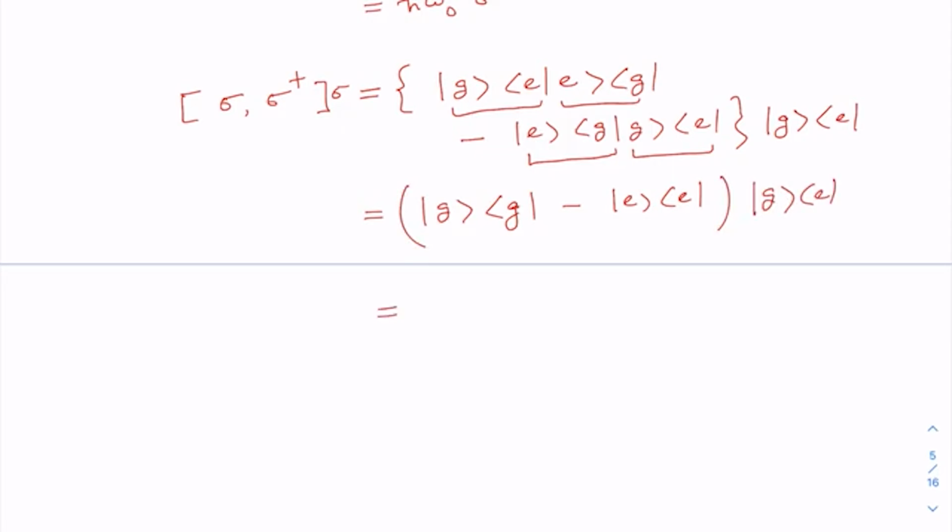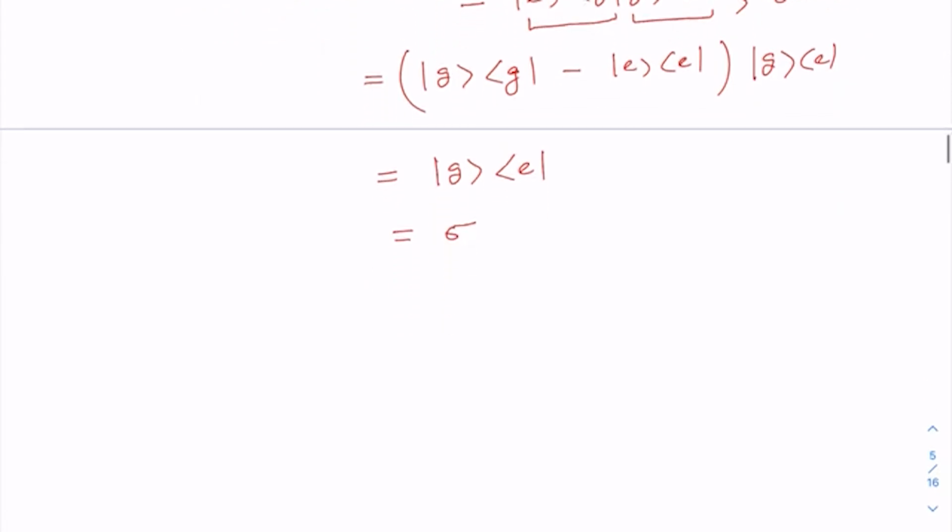You can now immediately see that this will simply give you |g⟩⟨e|, and this is nothing but the atomic lowering operator.